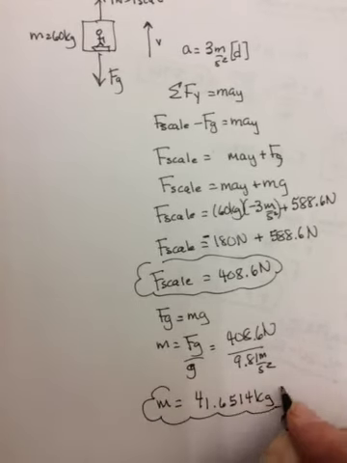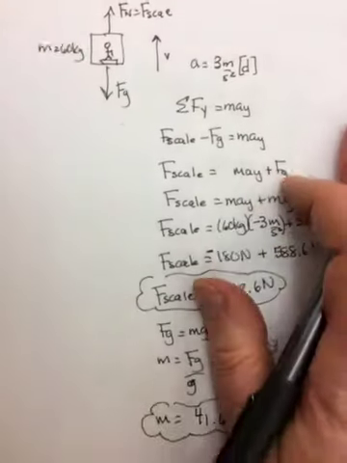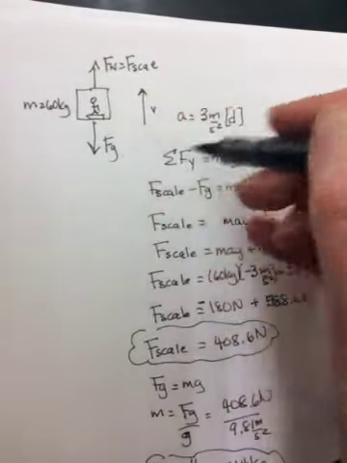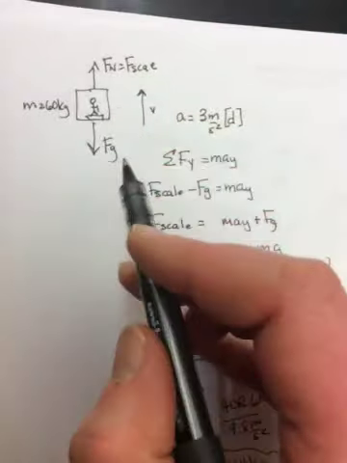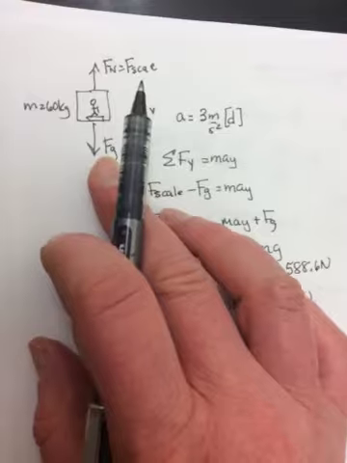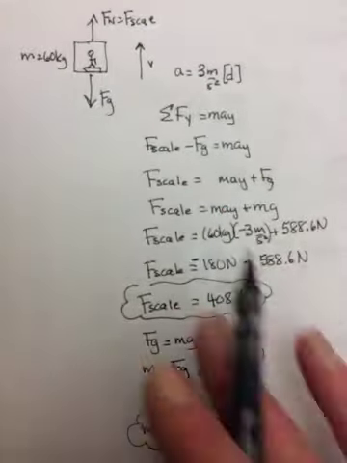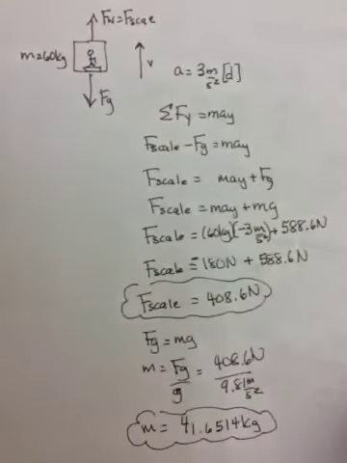So now my apparent mass, my apparent weight, looks like I've lost, and that should make sense. If I'm accelerating downward, even though I'm moving up, then the upward force from the scale must be less than the downward force, right? My net force needs to be down, which means what's going up has to be less.